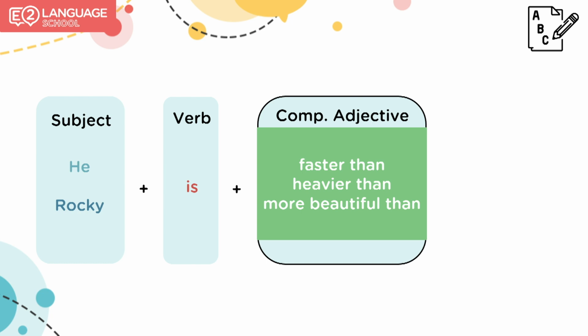So here are some examples: faster than, heavier than, more beautiful than. And then we have the object. So in this case, Peanut the cat. So Rocky is faster than Peanut, Rocky is heavier than Peanut, and Rocky is more beautiful than Peanut.